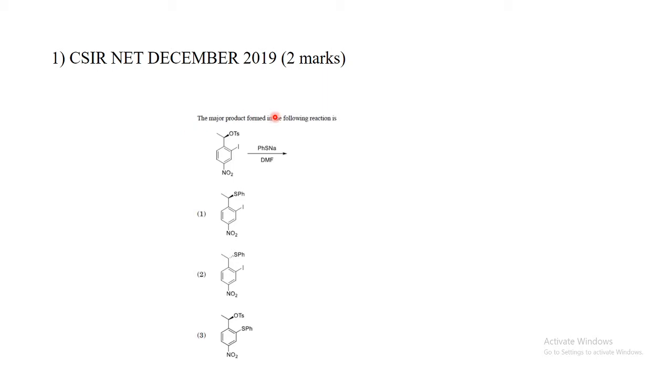In the first question, we have been given a starting material, that is a reactant, and the reagent is sodium thiophenolate in presence of the solvent DMF, and we have been asked to identify the major product formed in the following reaction. So how do we proceed to solve this question?